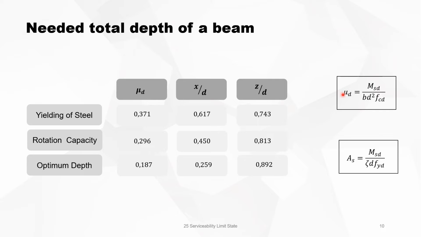The bending moment is there. You choose the concrete grade according to the environmental class, and you can calculate the needed d. And if you have that, then you can easily calculate, or estimate, the reinforcement that you should need.